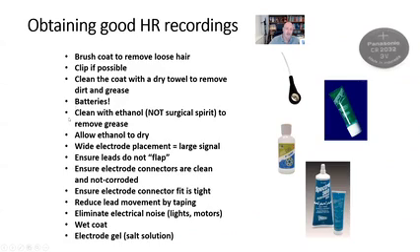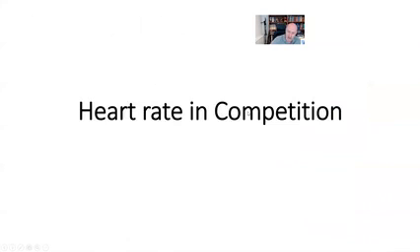That's more if you're trying to stick on ECG electrodes, I'd say. Wide electrode placement: don't have the electrodes too close together. Ensuring that leads don't flap around. Ensuring that the connectors are clean, not corroded. You see a lot of that. Reducing the lead movement if necessary by taping them down. Wetting the coat and using electrode gels if you don't get good signals.